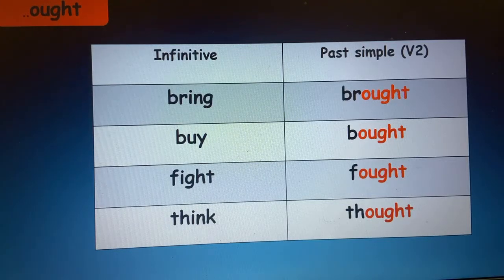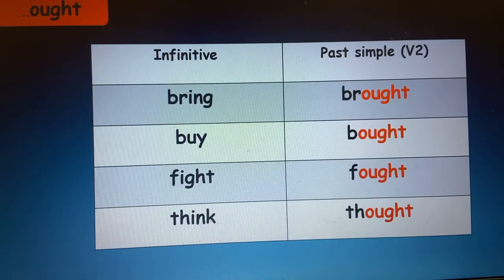Here we added OUGHT and we replaced some of the letters in the verb. So the first side is the infinitive and the other one is the past simple form. Let's read them again together. Bring, brought. Buy, bought. Fight, fought. Think, thought.